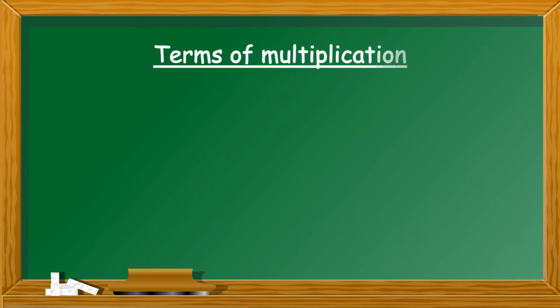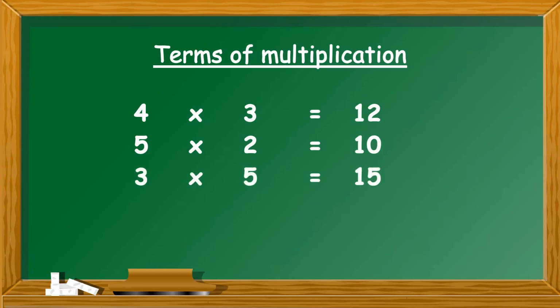Now let us learn the terms used for the numbers in multiplication. From the examples that we did, we know 4 into 3 is equal to 12, 5 into 2 is equal to 10, and 3 into 5 is equal to 15. The first number, which is the number that is being multiplied, is called multiplicand.